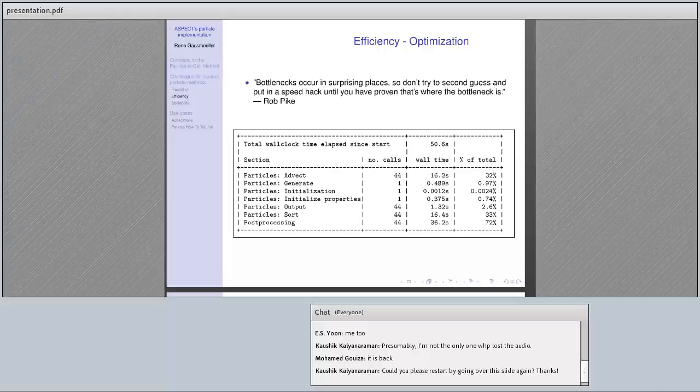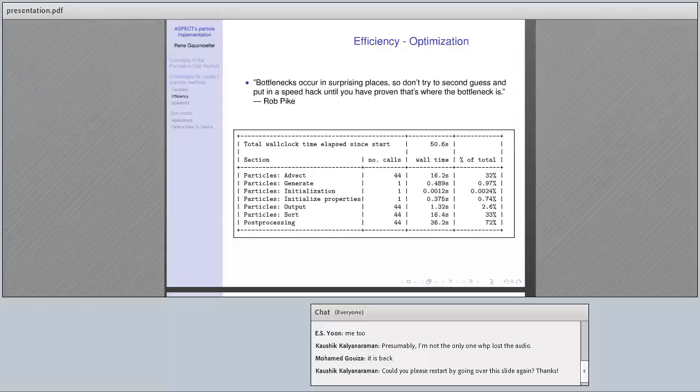And to do that, we can take a look at the timing output that Aspect nicely provides after each model run. I've posted here a timing output of one particular model I ran with the latest release of Aspect. I've removed some lines that are concerned with the Stokes solution and other parts of the algorithm to focus on the particle solution.